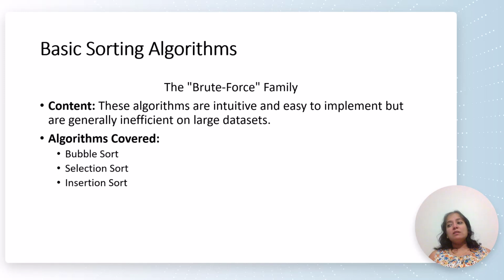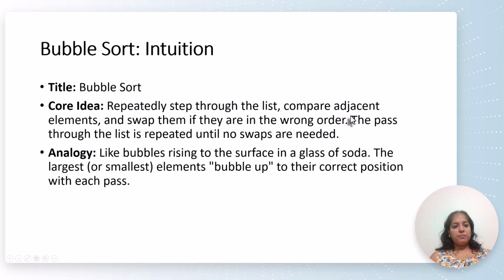They are intuitive and easy to implement, but not efficient for large data sets. We can use them for small data sets, but it takes a lot of time to sort large values. The algorithms we are going to cover are bubble sort, selection sort, and insertion sort.